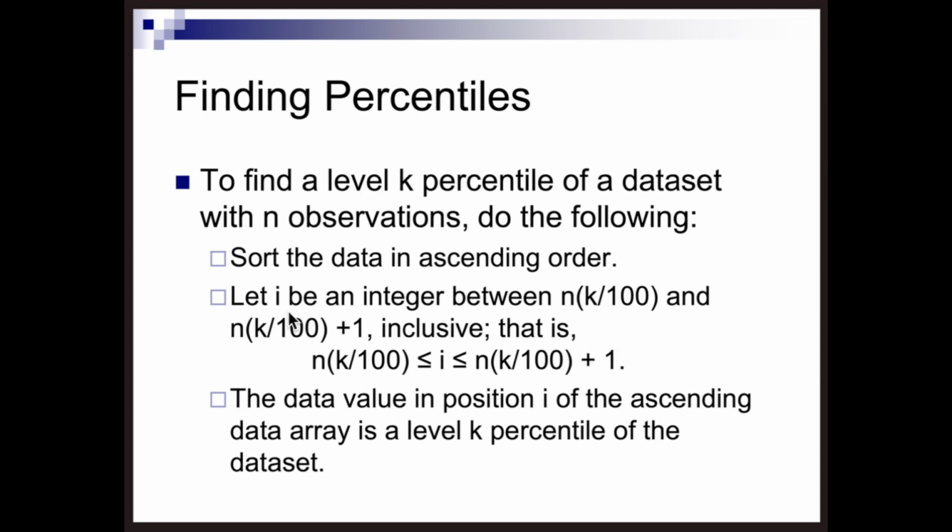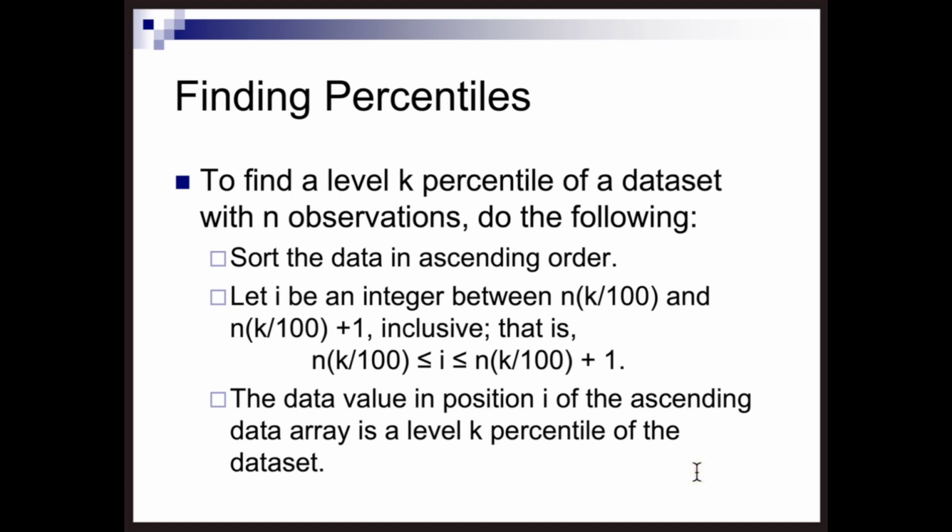And then let i be an integer between n times k over 100 and n times k over 100 plus 1, inclusive. In other words, i is an integer between that lower value and this upper value. And then once we do that, the data value in position i of the ascending data array is a level k percentile of the data set.